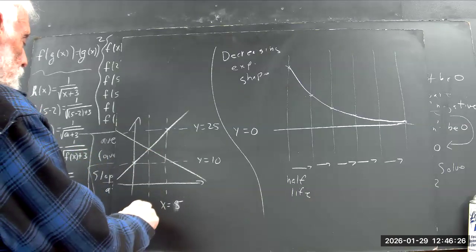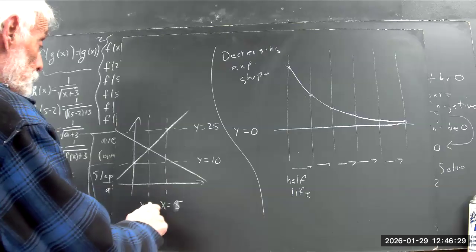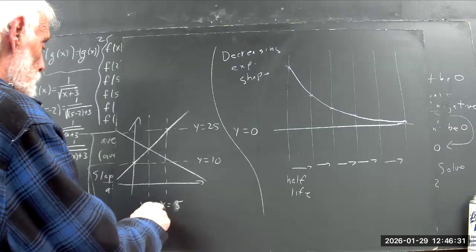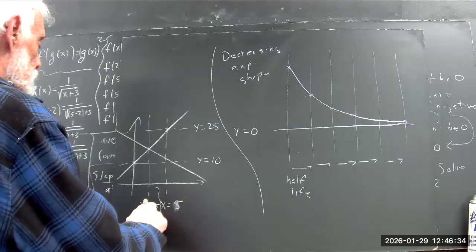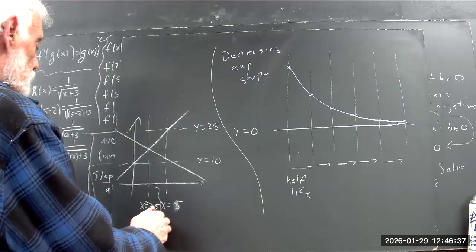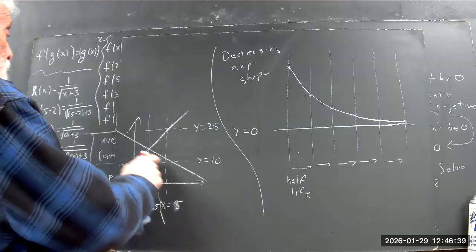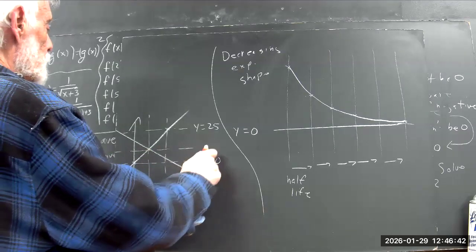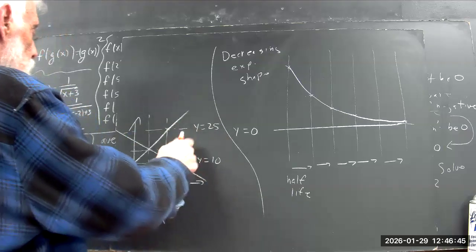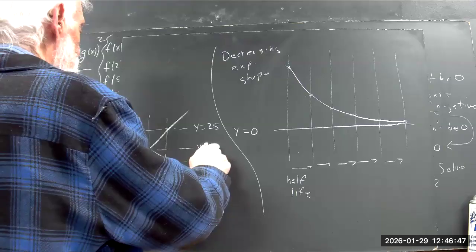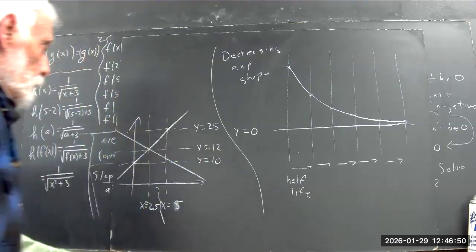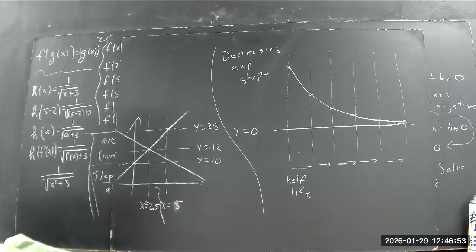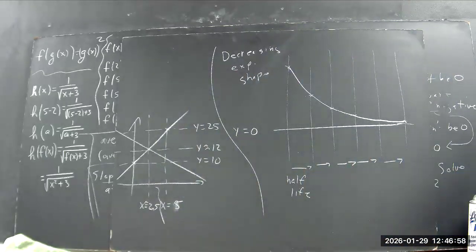Well, the x value looks like it's about halfway between 0 and 5. I'm going to say it's approximately 2.5. The y value is between 10 and 25, somewhat closer to 10. I'd say y is approximately equal to 12. Make sense? It's an easy question. And it comes up, I think, on the third assignment.